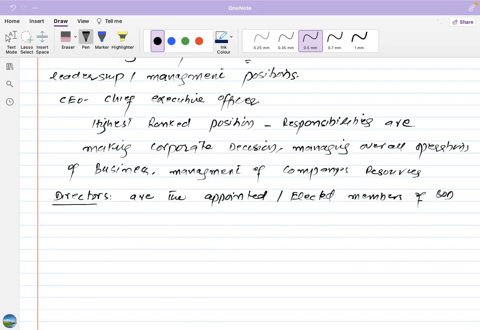Directors have the responsibility of implementing the policies that the business has developed.